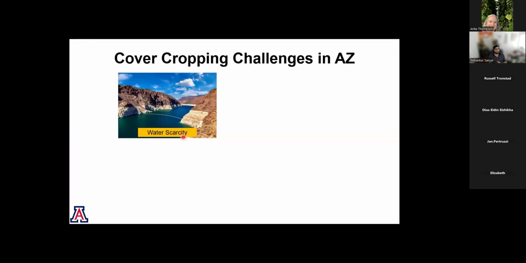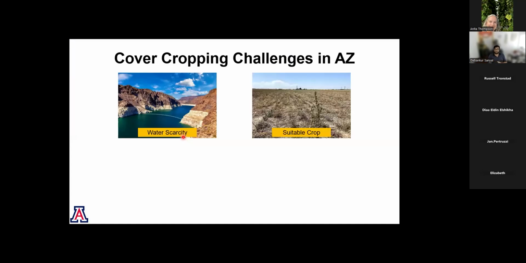Okay, while our challenge is water, we also don't have suitable crops to grow as cover crops here. If we look at what other states use, I don't know why it is showing thumbs up.